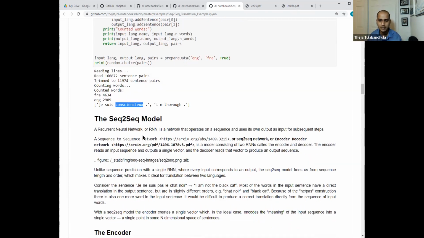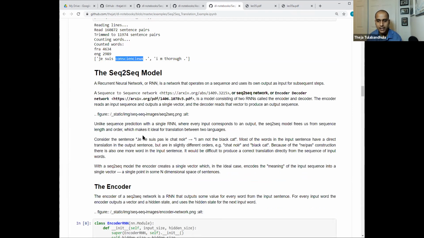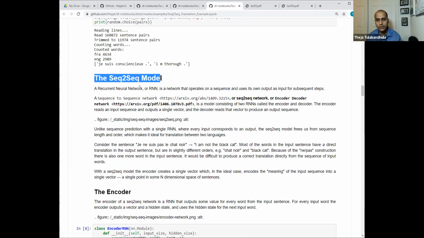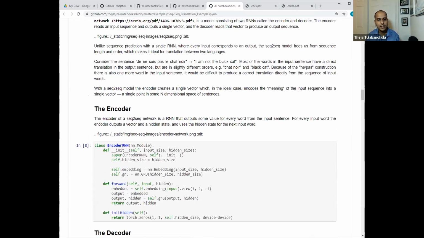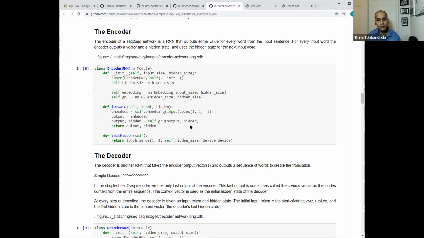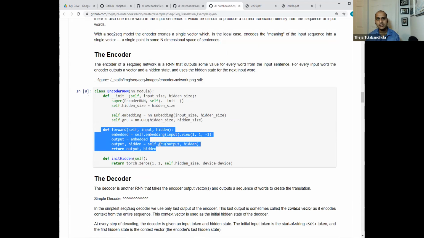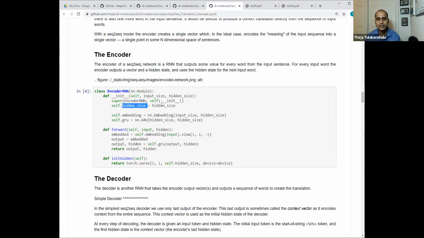So let's look at the model. The encoder decoder architecture is also called a sequence to sequence or seq2seq model. It has 2 parts: the first part is an encoder RNN, and the second part is a decoder RNN. Let's look at the encoder's initialization and a forward step, which should be familiar since we saw the previous script. Initialization just creates an embedding.